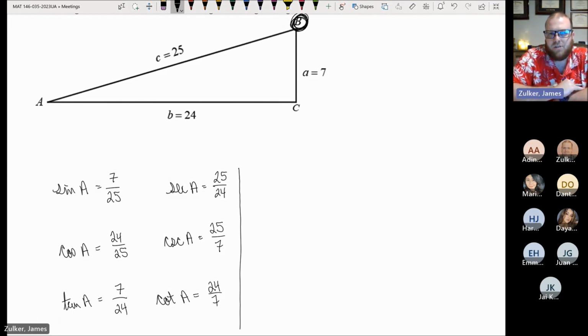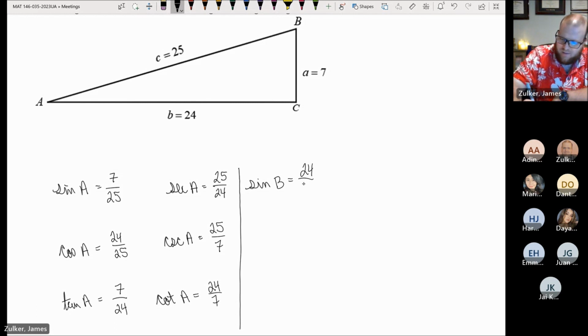B is the other acute angle. Sine of B, opposite over hypotenuse. Let's actually make that look like a 5. There we go. Cosine of B is adjacent over hypotenuse.